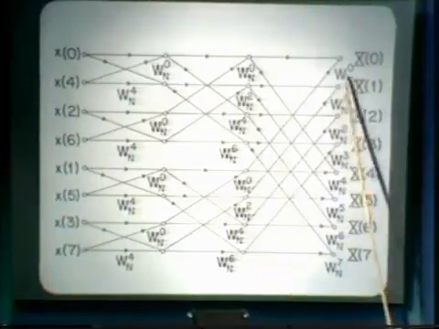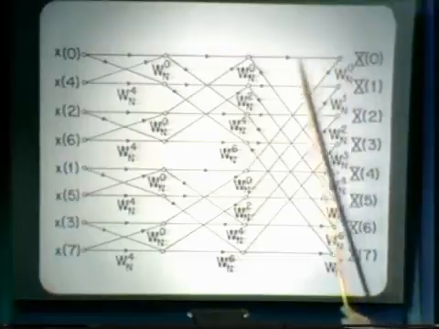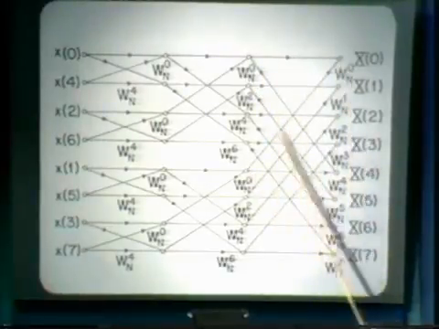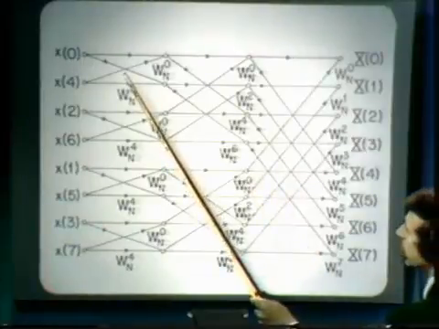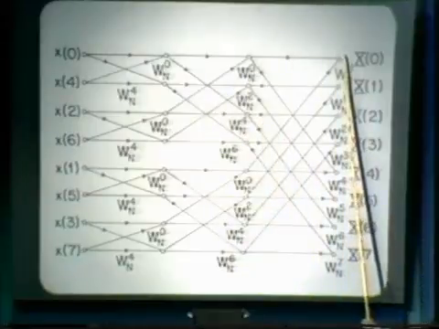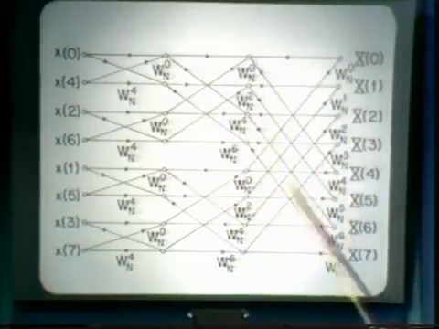And I remind you again that the basic computation that's involved throughout these stages is the butterfly computation. We see it here, we see it here, and we see it here.